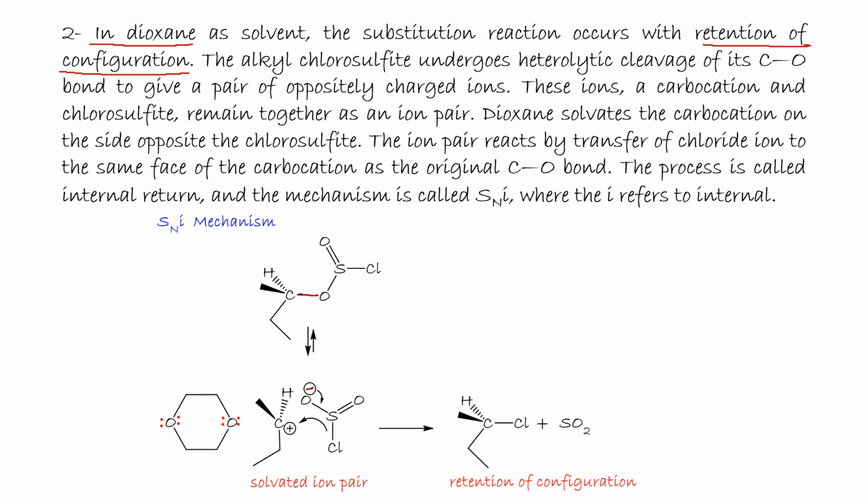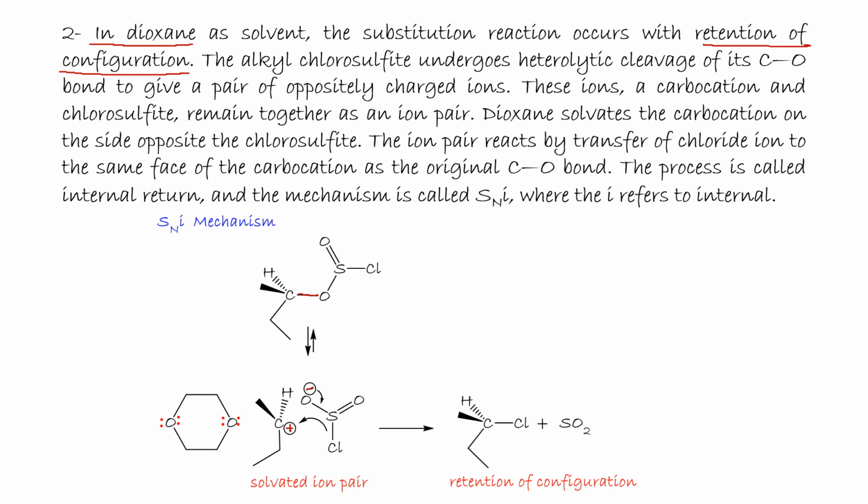Oxygen will carry the negative charge and the carbon will carry the positive charge. These ions, a carbocation and the chlorosulfite anion, remain together as an ion pair.